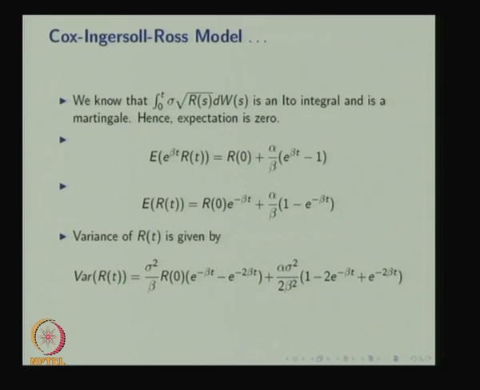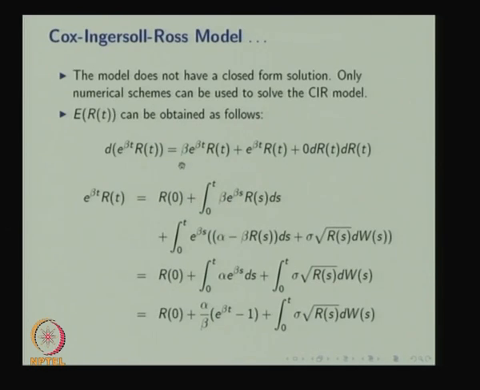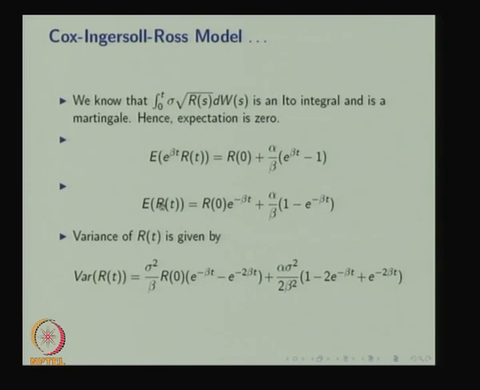Similarly, one can find the variance of R of t, but for that we have to find the expectation of R of t whole square. For that you have to find the increment, the second increment, then find the expectation of R of t whole square, and then you can find the variance of R of t.